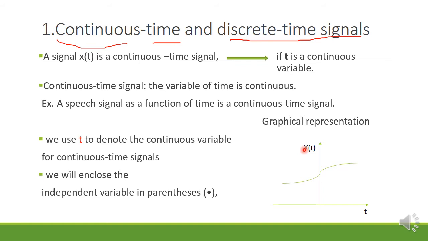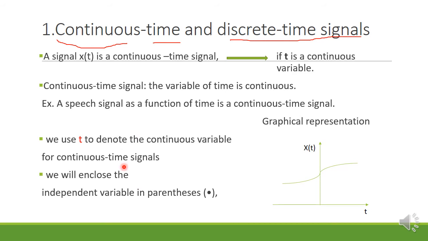Another thing is that we always use this t inside parentheses. We enclose the independent variable in parentheses. Here t is an independent variable. We always use this representation, only for our understanding purpose.